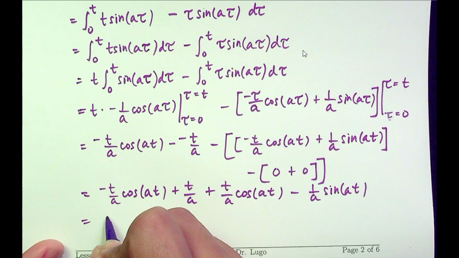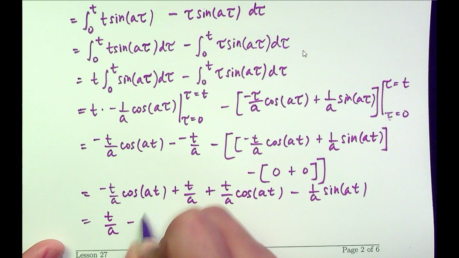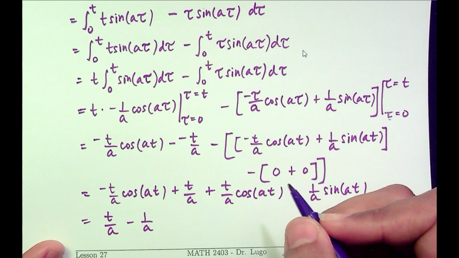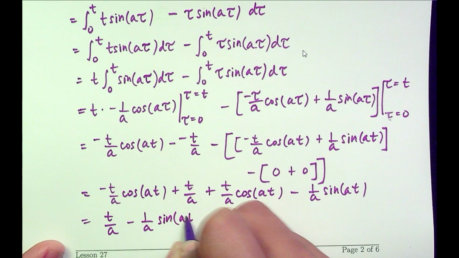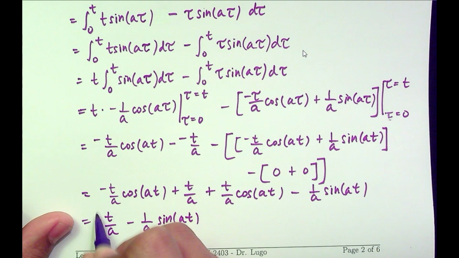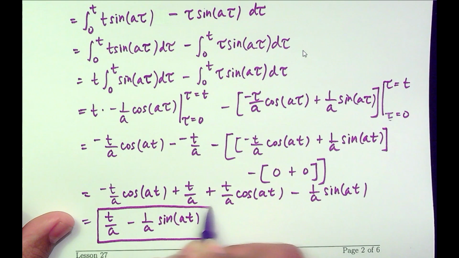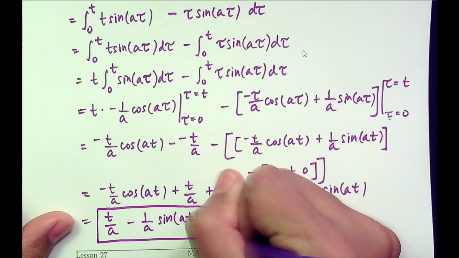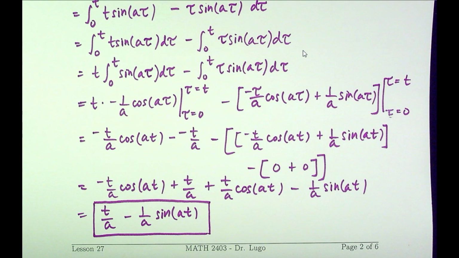So the answer to this is t over a minus 1 over a sine of a t. And that right there is what we were looking for. The Laplace inverse of h evaluated at t is t over a minus 1 over a sine of at.